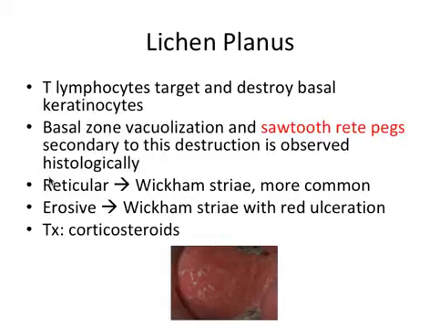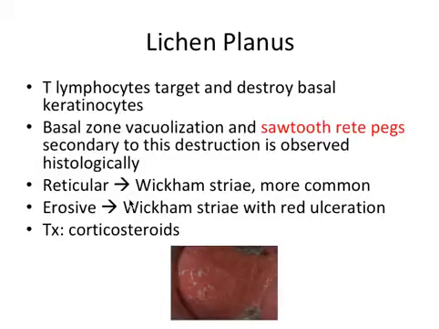And the other thing to know is that there are two common different forms of it. The first is reticular, and this involves this white lacy Wickham striae, which are these, again, lacy, kind of ribbon-like, net-like, mesh-like, whatever you want to call it, white little stripes here.